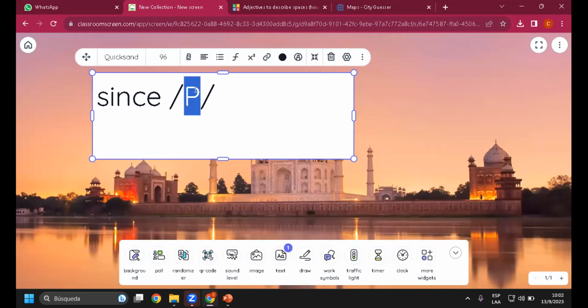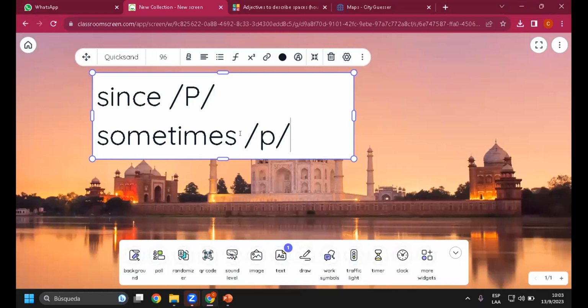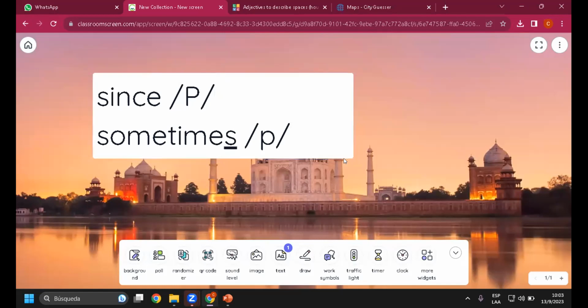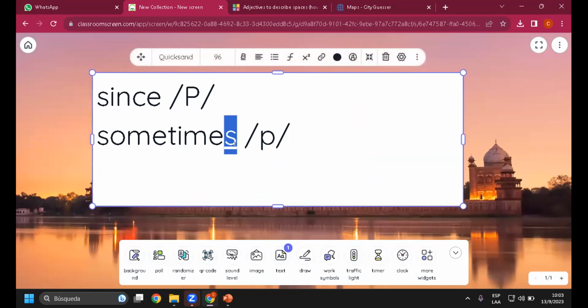If I write the letter P next to the word, that means that maybe the pronunciation that you provided is not the correct one, okay? There are some cases where I wrote the letter P and the letter S is underlined. What do you think is the meaning of that?